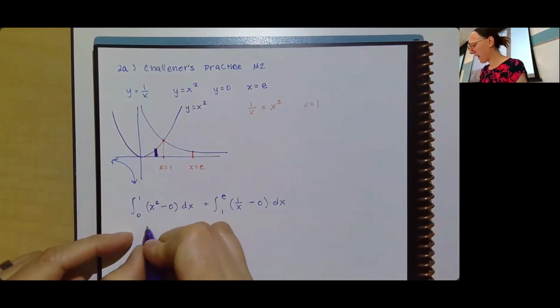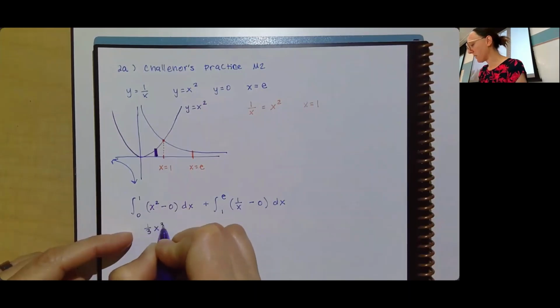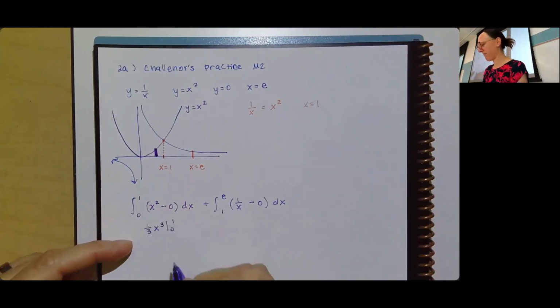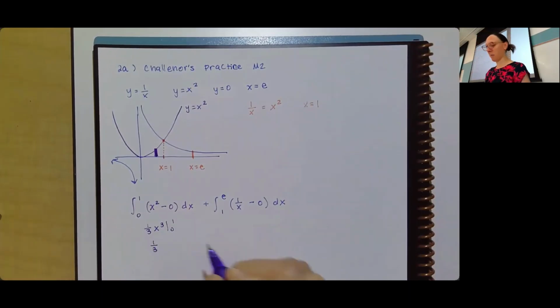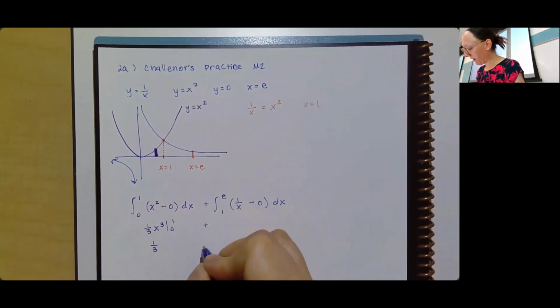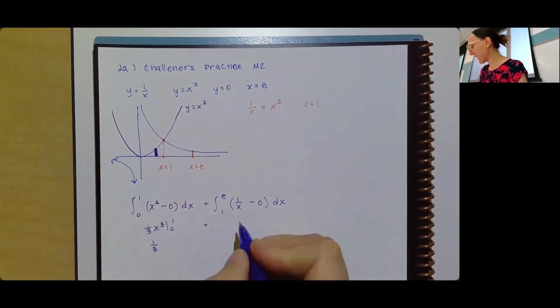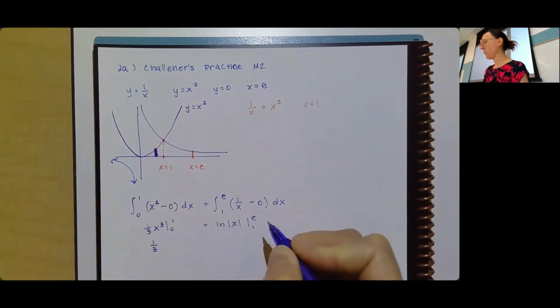So if I integrate that, I get 1/3 x cubed. I'm going from 0 to 1. So that's 1/3, technically minus 0. I'm going to skip the minus 0 part. Over here, when I integrate 1 over x, I get natural log absolute value of x. That's going from 1 to e.